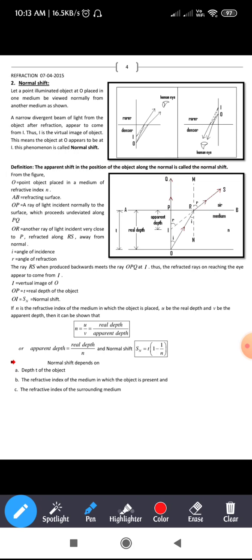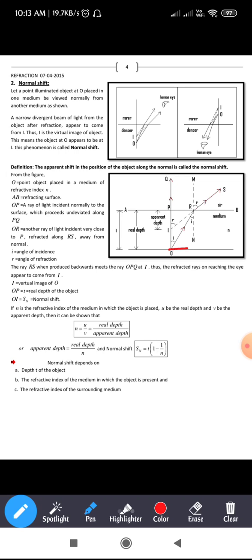Next is the relation between real depth and apparent depth. Let us see the definition of the normal shift. The apparent shift in the position of the object along the normal is called the normal shift. For the person seeing from the rarer medium, the object placed in the denser medium appears closer.